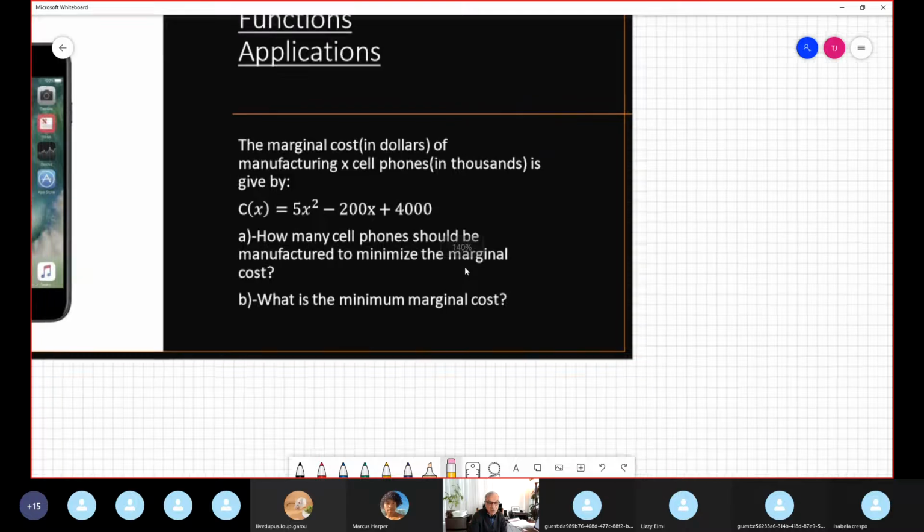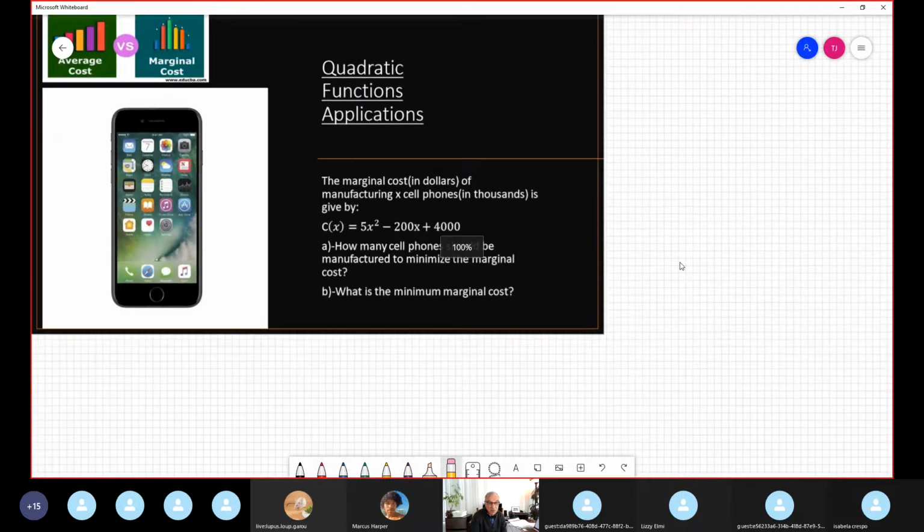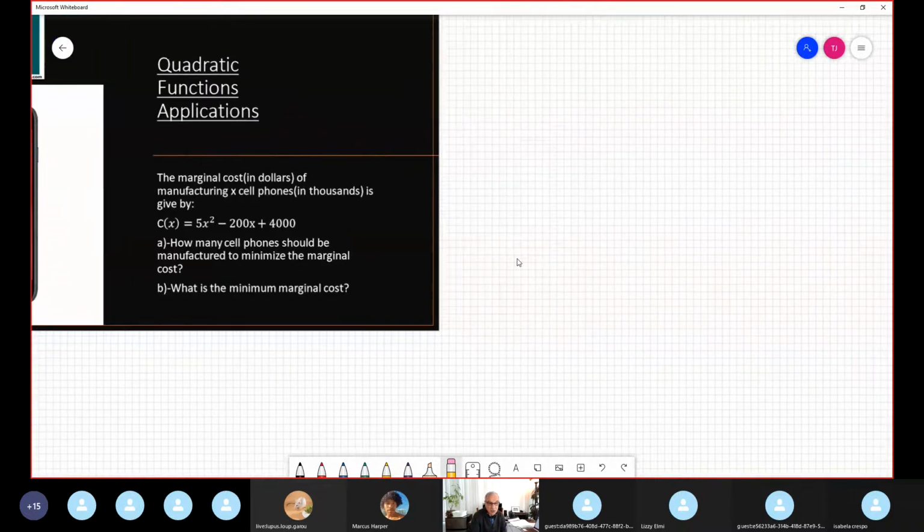So this is the formula for the cost. Cost is bad for the manufacturer, no? So it's obvious that the cost in any manufacturer needs to be minimized. So the formula is 5x squared minus 200x plus 4,000.